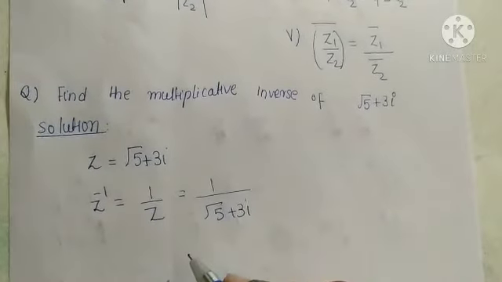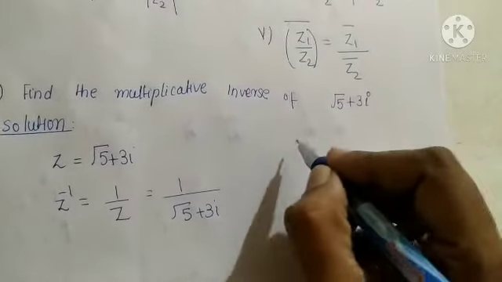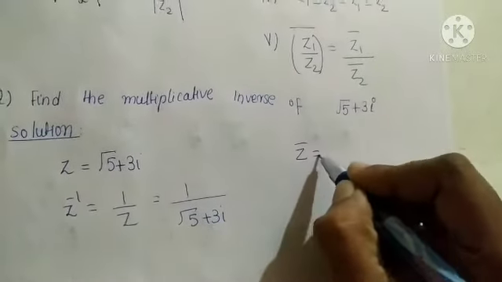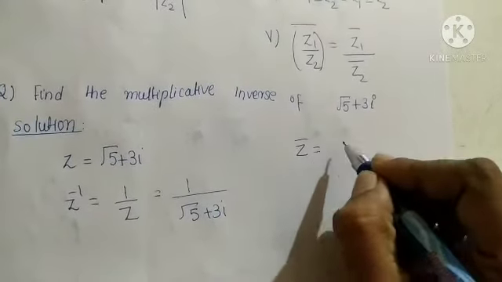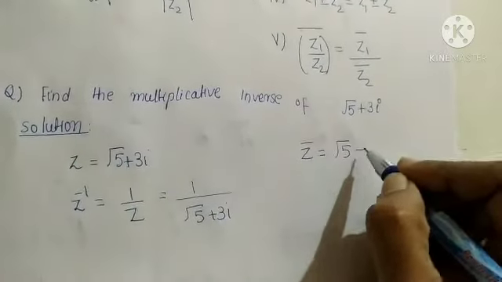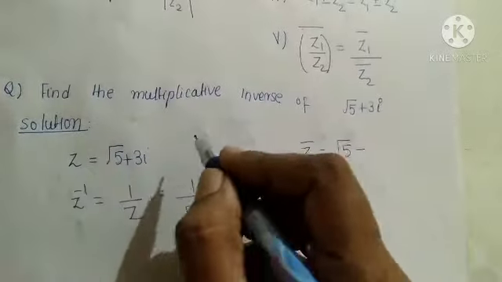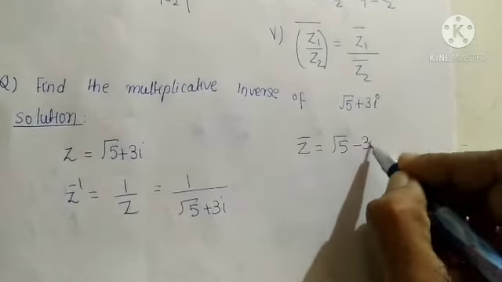So this is very easy, right? So we need to find out the value of conjugate here. Conjugate Z bar is equal to root 5. Real part is same. Next change the sign of imaginary part, that is plus 3i changes to minus 3i.